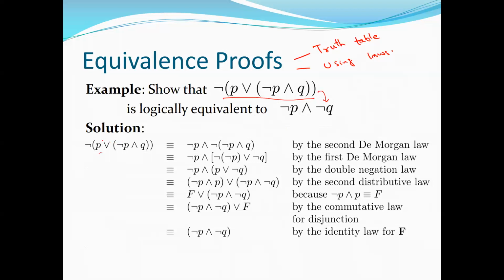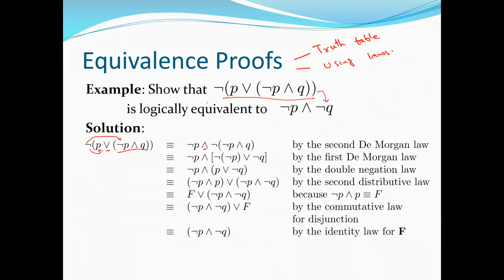So we distribute the negation over the terms, and this OR symbol will be converted into the AND symbol. So that's how we use De Morgan's law to distribute the negation: negation of P and negation of (P and Q).